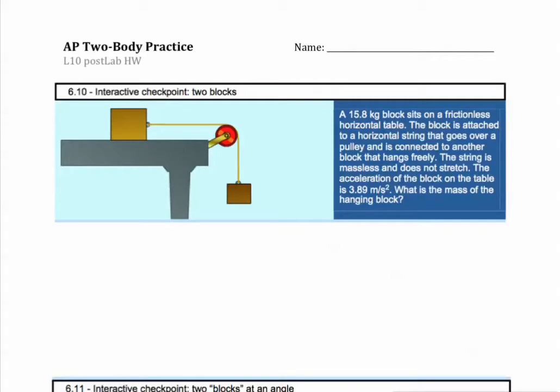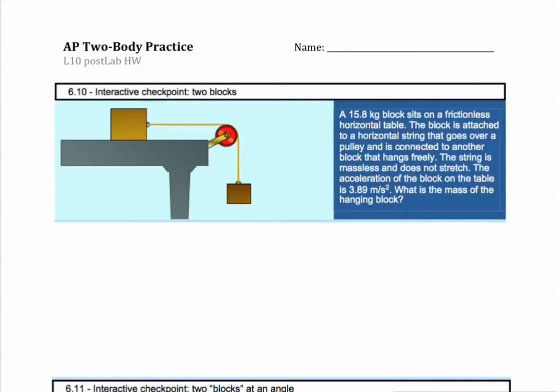I want to take a moment to get you started on the remaining portion of your homework, and that gives you an opportunity to practice this. You can see this idea that we've talked about works in different orientations. So here's an example where you have a block that's sliding across a frictionless table, and only one of the blocks now is suspended.